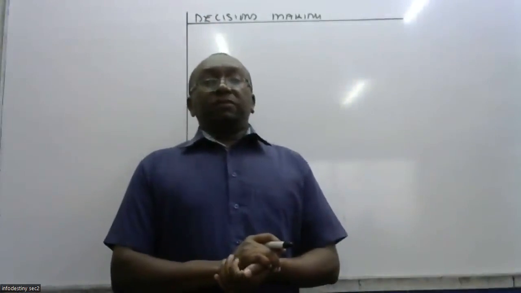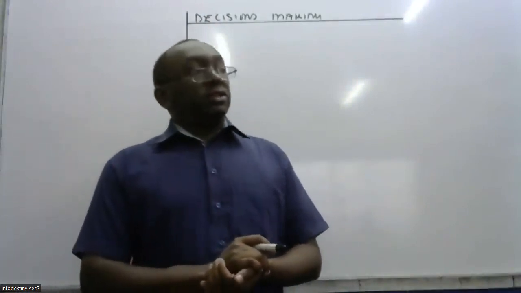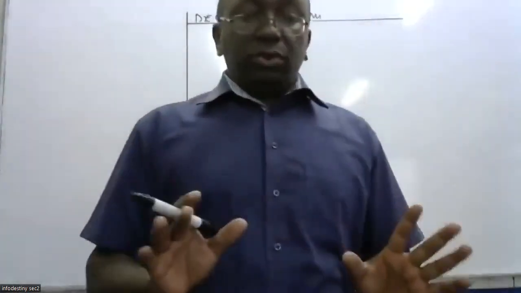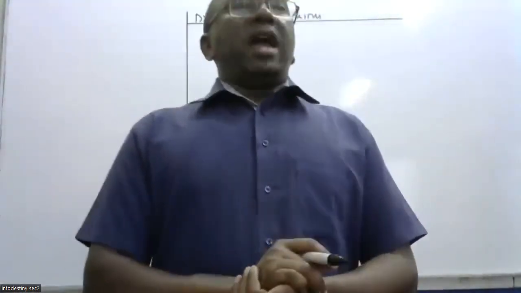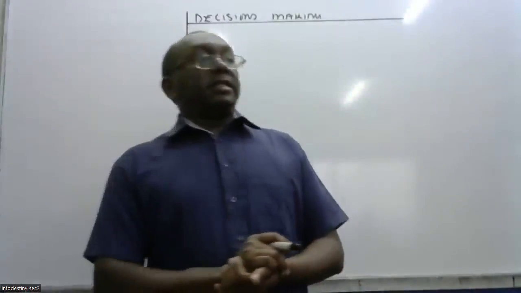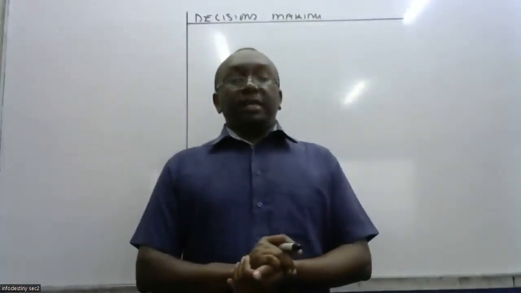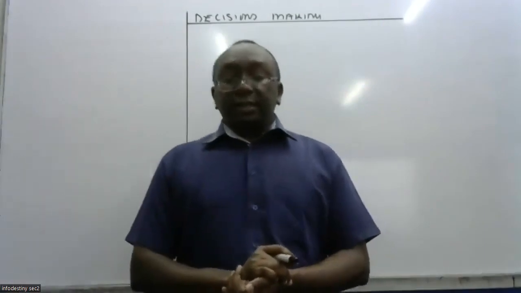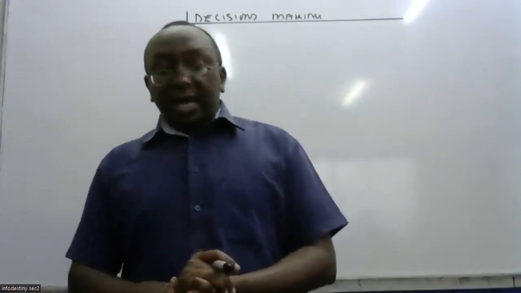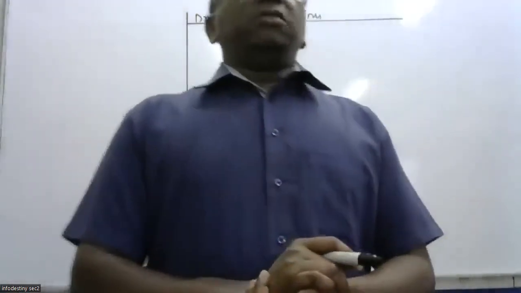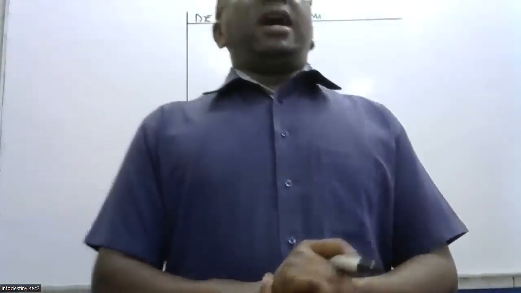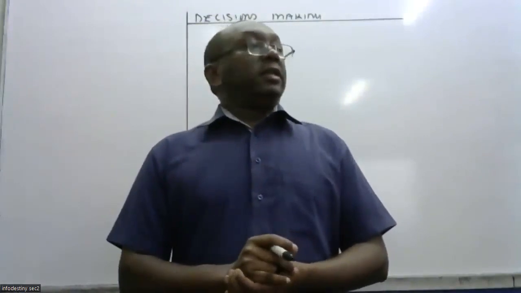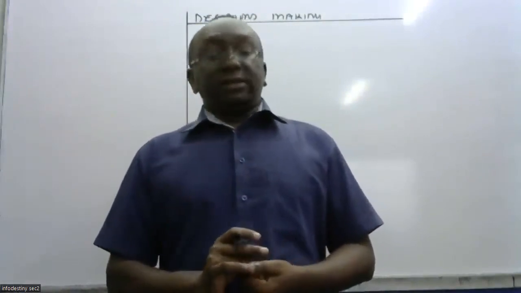We have three types of decision makers. One of them is called risk neutral. These are people who do not care about the risk. We have others known as risk takers. These are very keen on risk and they go for the highest risk so that they make the highest return. We also have another group called risk averse. They are also keen on the risk, but they go for the lowest risk.